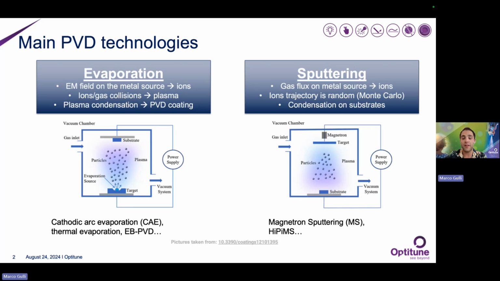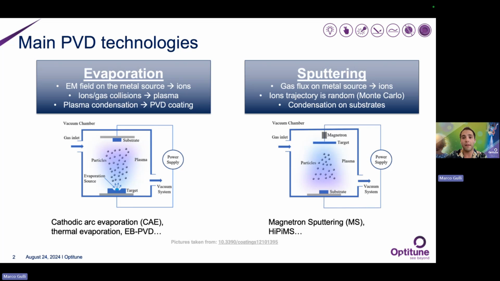This will travel in the PVD chamber, where some gases have been previously ejected, and collisions between ions and gases will result in a plasma cloud, which eventually will condense on the substrates and give rise to PVD coatings themselves. Some cases in point of evaporation technologies are the cathodic arc evaporation, but also thermal evaporation and electron beam PVD.